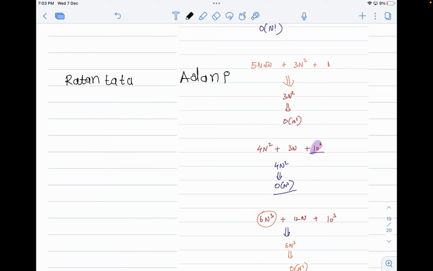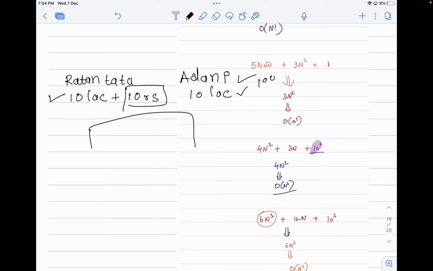Ratan Tata has 10 lakh rupees, Adani also has 10 lakh rupees, but Ratan Tata got a profit of 10 rupees. So can you say that Ratan Tata is a richer person than Adani? Can't say that, because 10 rupees is nothing. He can adjust 100 also, right?